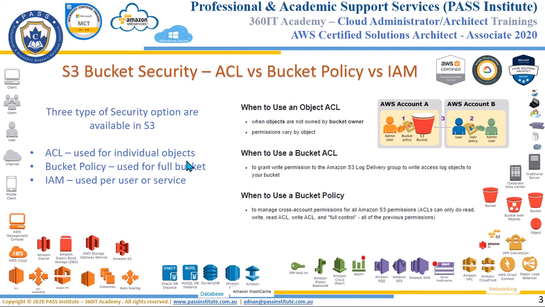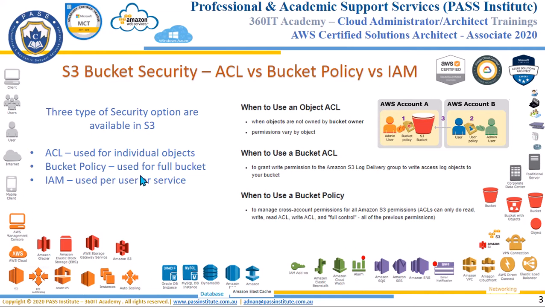Now in large companies you can have thousands and thousands of objects in a bucket, so it won't be possible to provide security to each individual object. In that case you can use bucket policies. A bucket policy will be applied to the bucket.